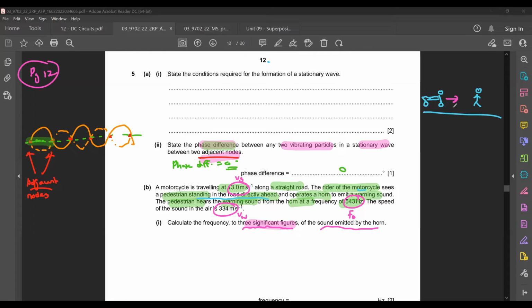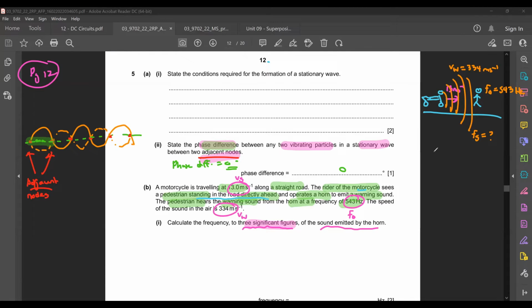So your motorcycle is traveling at 13 meters per second. He is emitting sound waves from the horn to warn the pedestrian. That one is at a certain frequency of the source, which we do not know. Okay, the frequency observed by the observer is 543 Hertz. The speed of my wave is 334 meters per second.